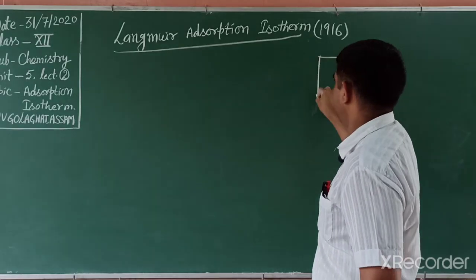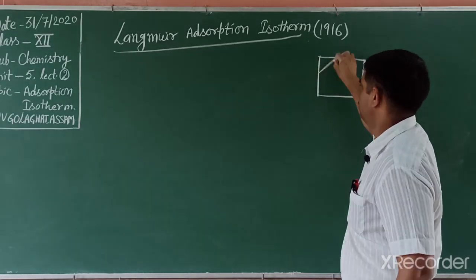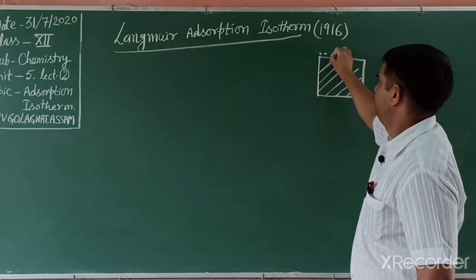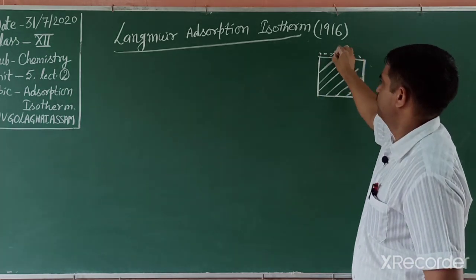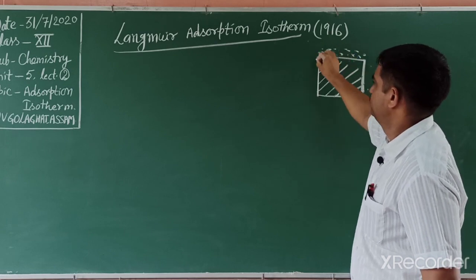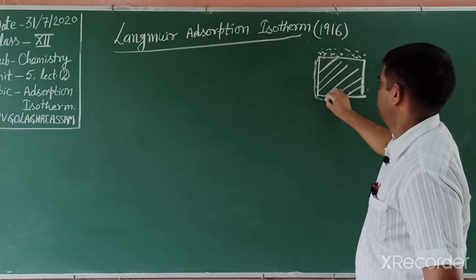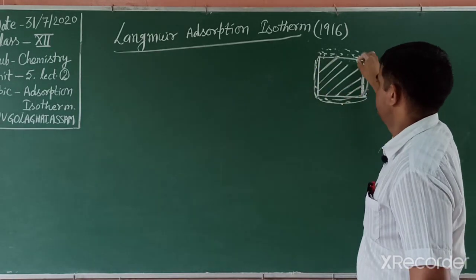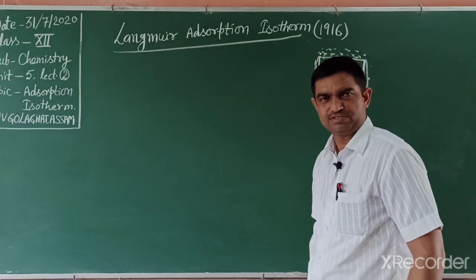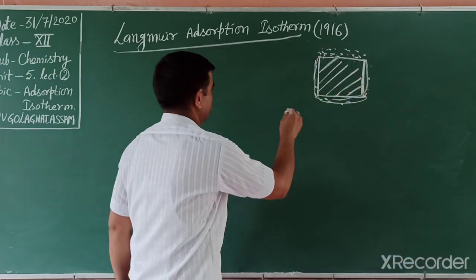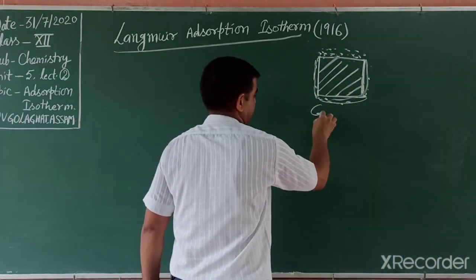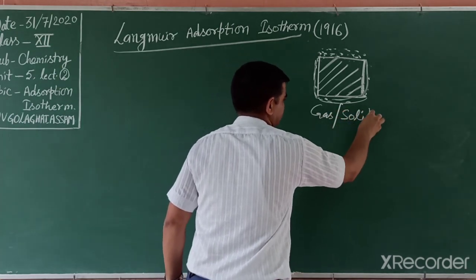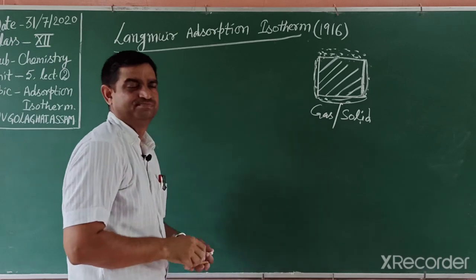Students, this one is an adsorbent. In this adsorbent, the molecules of adsorbate occupy the surface like this. So this one is adsorption, and he explained it for a gas adsorbed on a solid surface. How can he explain?